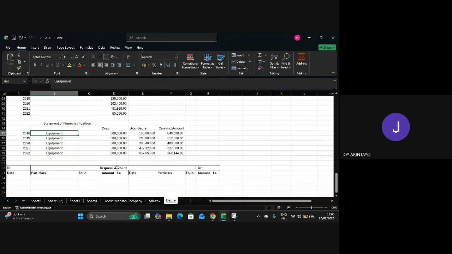The corresponding entry is coming to the debit side of our disposal account. So we say 21, 2023, equipment, this is coming from equipment. How much? 800,000 naira.